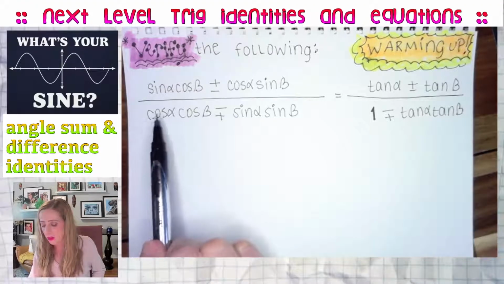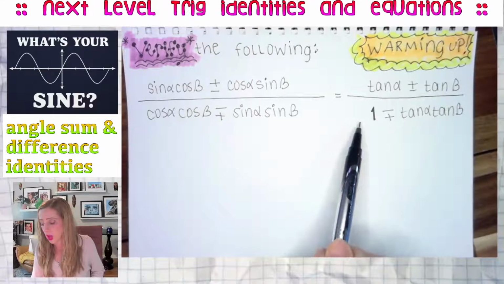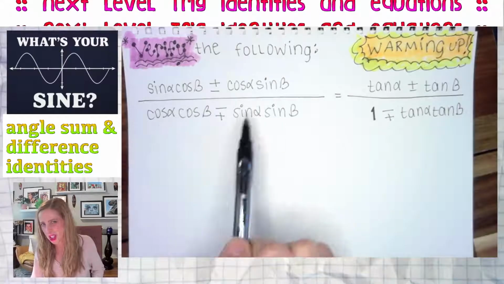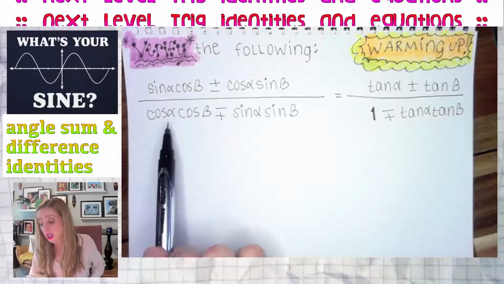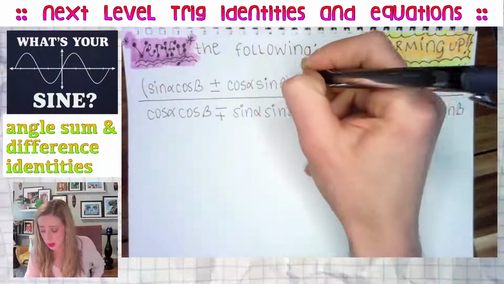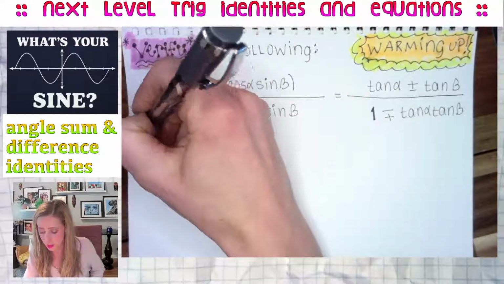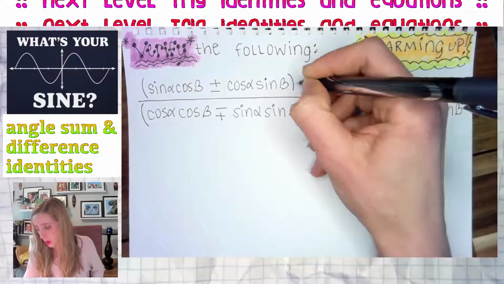So where the cosine alpha, cosine beta is, I have a 1. So how can I change this? I like to change the more complicated thing till it turns into the simpler one. How can I change this into a 1? All right, well, I have to treat my whole fraction the same. So the top and the bottom will need to get multiplied or divided by the same number. So I'm going to multiply the top.